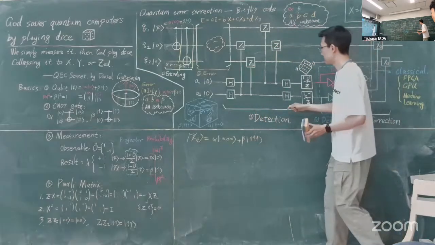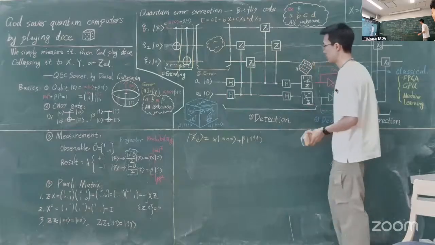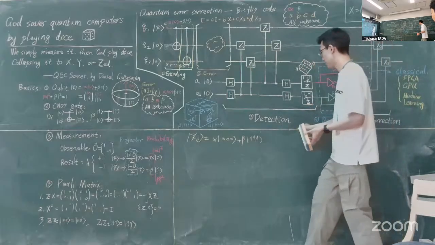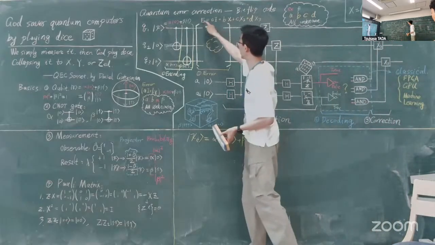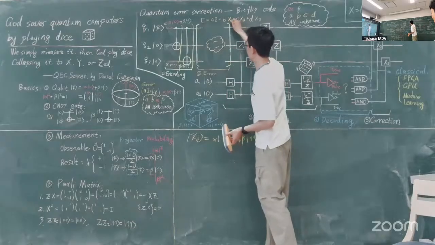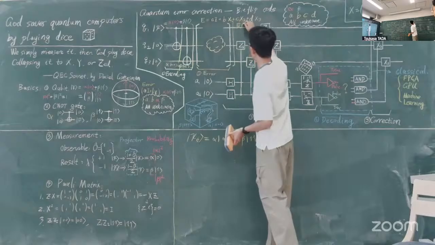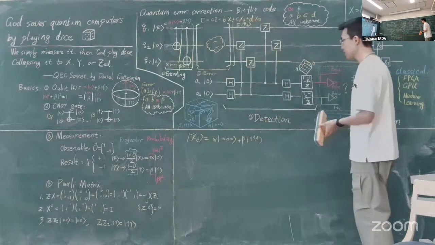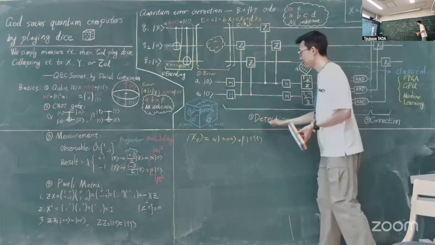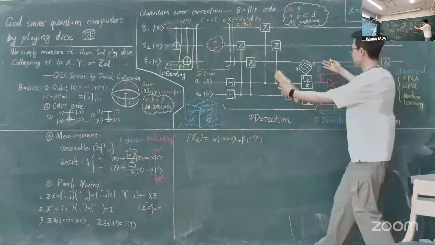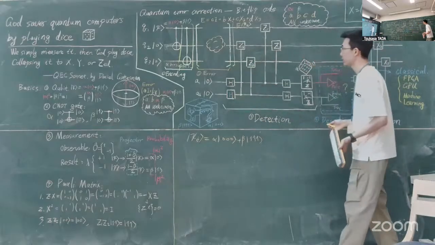Okay, now the next step is the detection operation. We denote the state after the error by E applied on the psi_e state. Then we perform the detection operation using this quantum circuit.